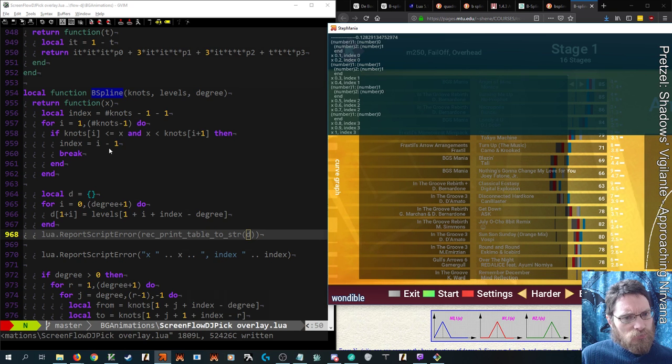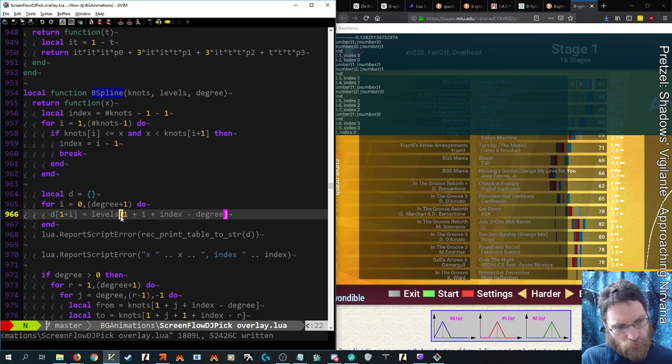How? Why is that table a different size? Oh, if this ends up going off the end, then we couldn't actually assign anything there.